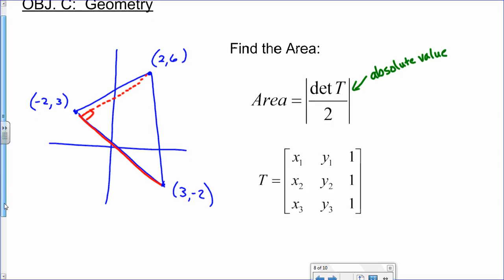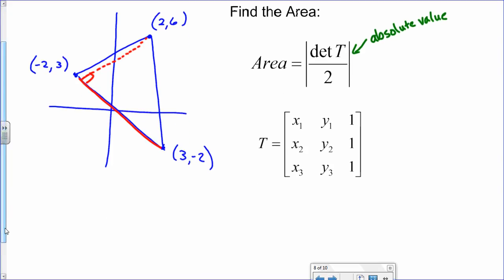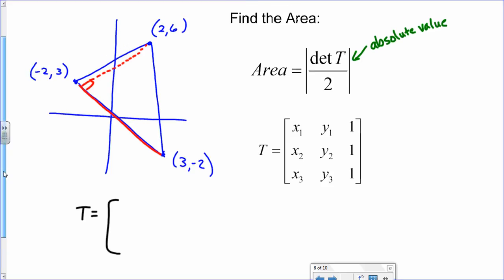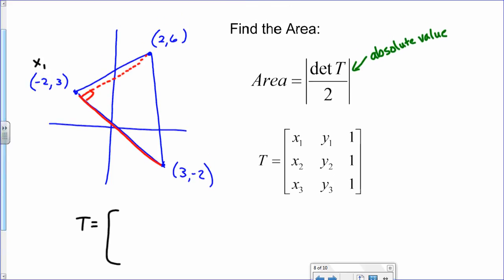So if I do this, let's set up our matrix T. Like I said, it does not matter which one is the first point, which one's the second point, as long as the ordered pair stays together. So (-2, 3), (2, 6), (3, -2). And then I fill in this last column with ones.